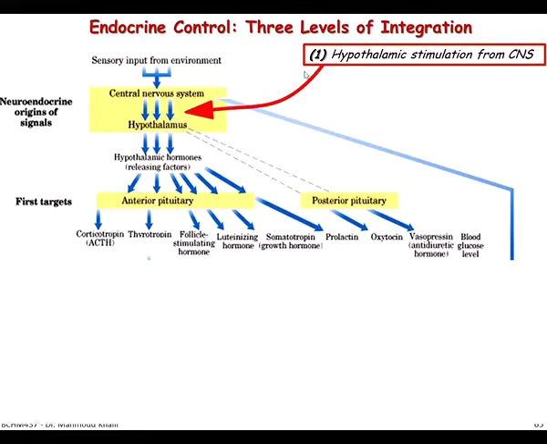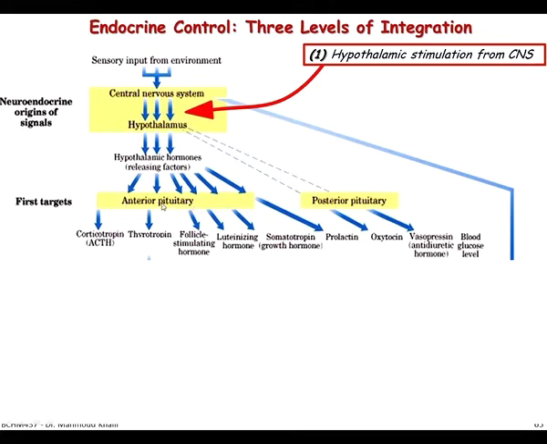And this is called the first level, the hypothalamic stimulation from the central nervous system. Soon after that, the hypothalamus, as we said before, either affects the posterior pituitary or acts through the release of releasing factors to the anterior pituitary.